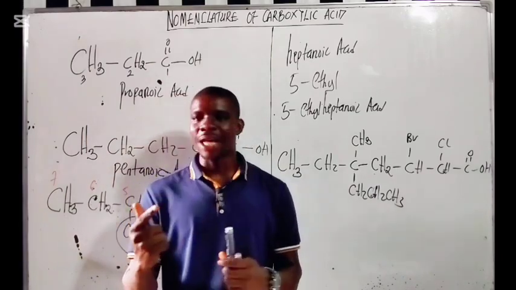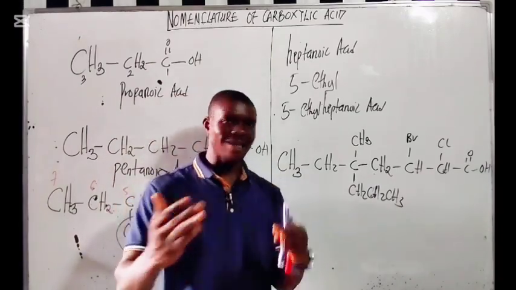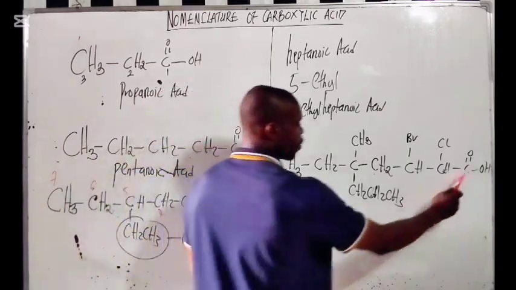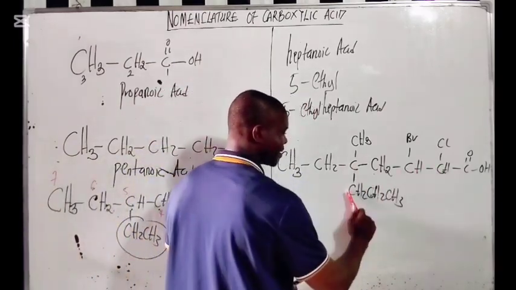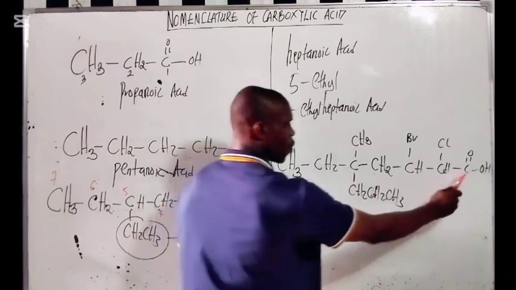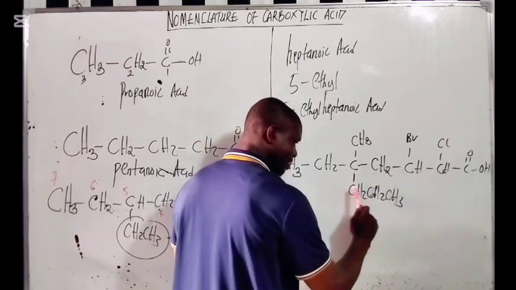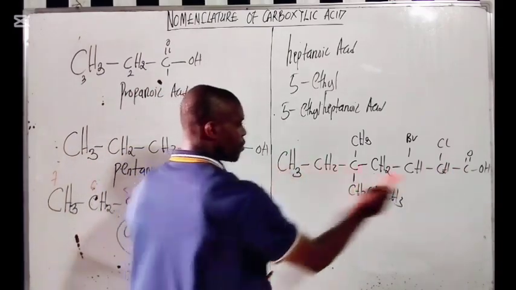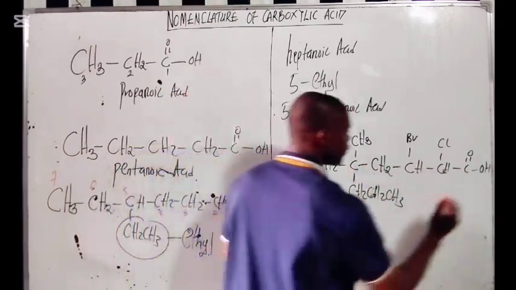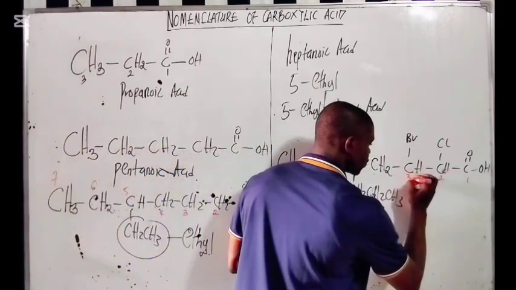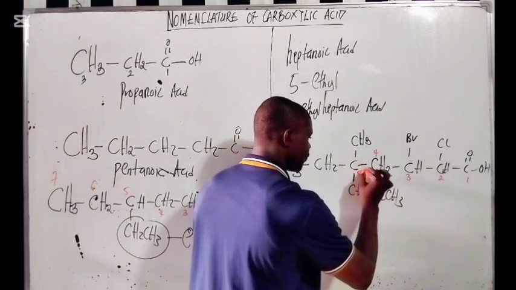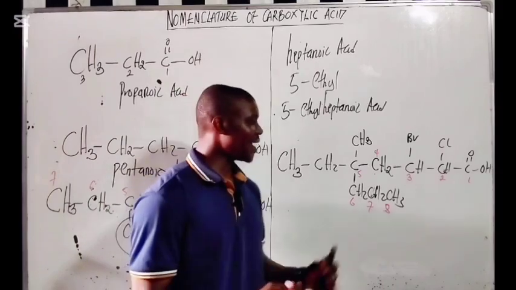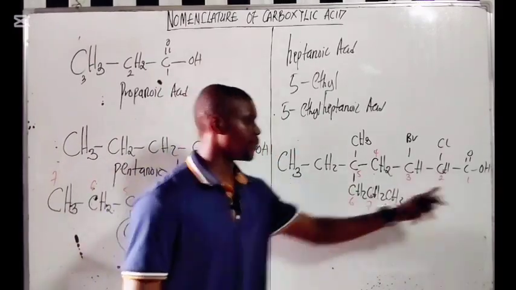As long as they are connected, I must count it. So if I start from here, 1, 2, 3, 4, 5, 6, 7, 8. Yes, 8. So from here to here is 7, but from here to here is 8. Can you see that? So instead of taking from here to here, which is 7, I'm going to take from here to here.